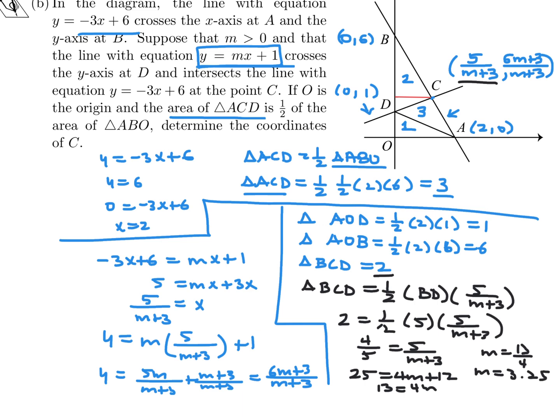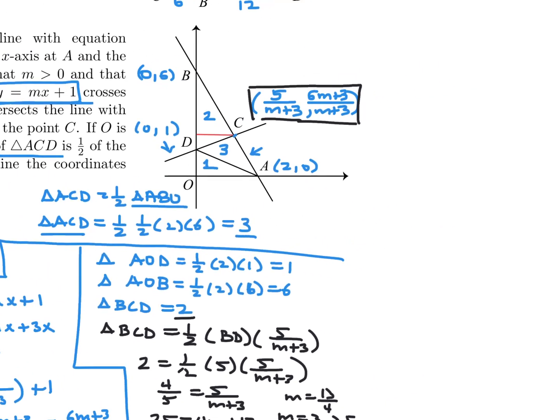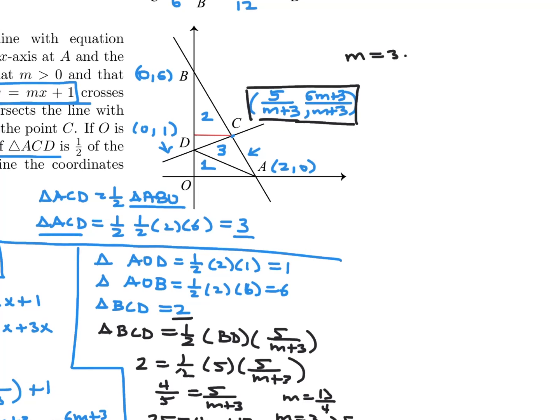Oh, the coordinates of C. Well, here are the coordinates of C, so I just have to plug 3.25 in here. So m is 3.25. If I plug that in, the first one will be 5 over 6.25.